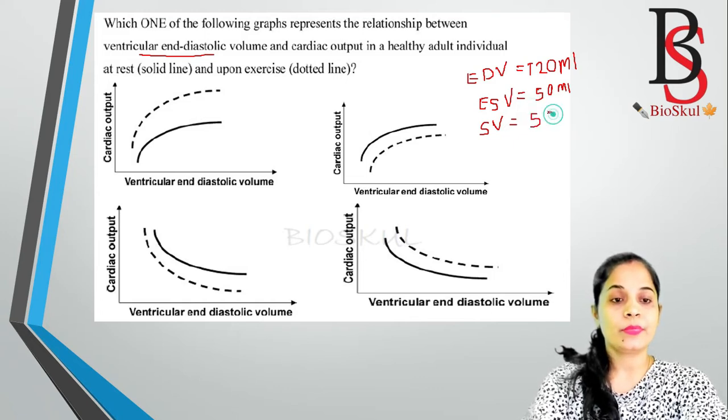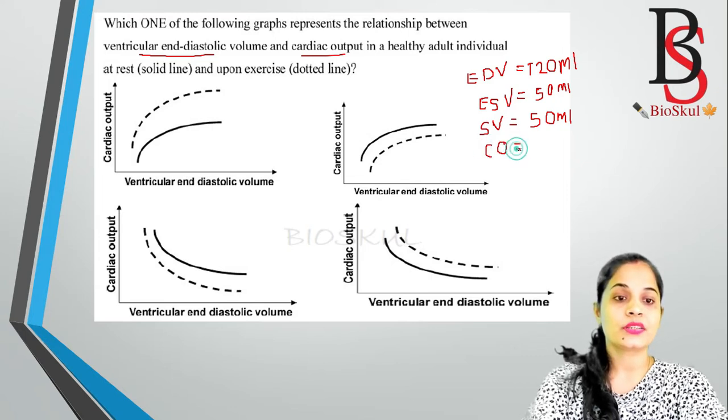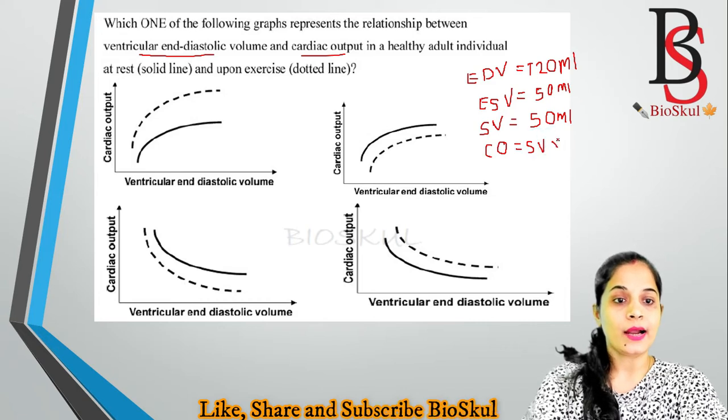So it will be 70 ml. And cardiac output, how can you calculate? Cardiac output is stroke volume multiplied by heart rate.